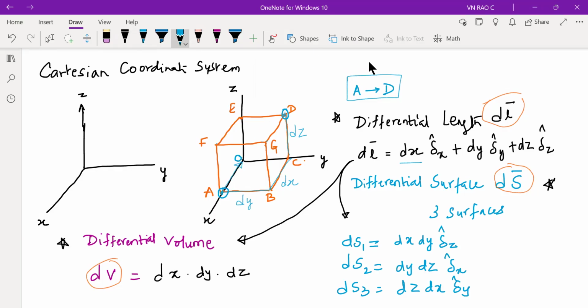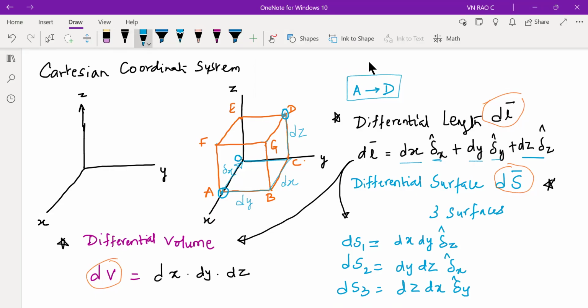This is dx in the delta x direction, that means this is the delta x vector. Again we travel to C, that means dy, that is delta y, in the direction of y, and there is dz, that is in the direction of z. So there are three components with which we can travel to reach from A to D.